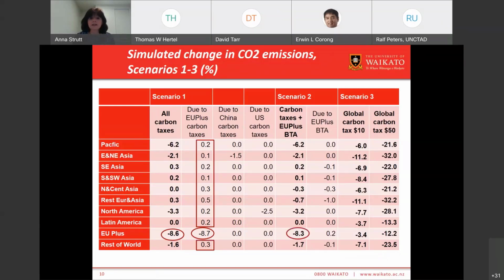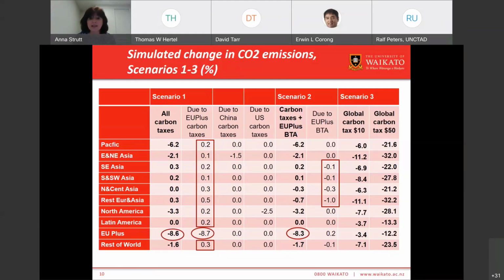In the second scenario, we've still got quite a big impact on EU emissions. It doesn't change greatly because that border tax adjustment only makes a fairly small change in the results. These regions here that reduce emissions with the border tax adjustment mechanism in place tend to be the regions that weren't highlighted in red font, or don't have many countries with significant carbon taxes from that previous slide.